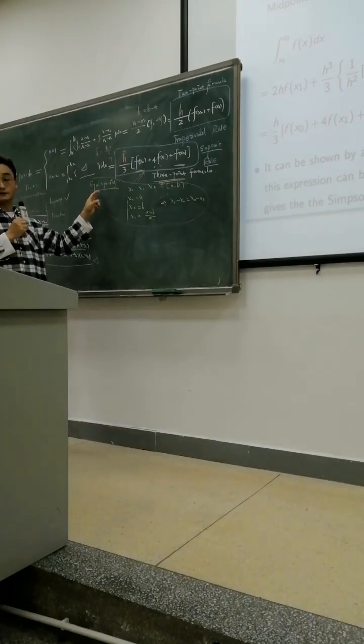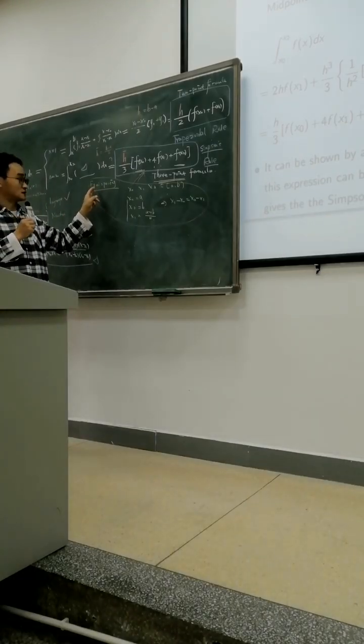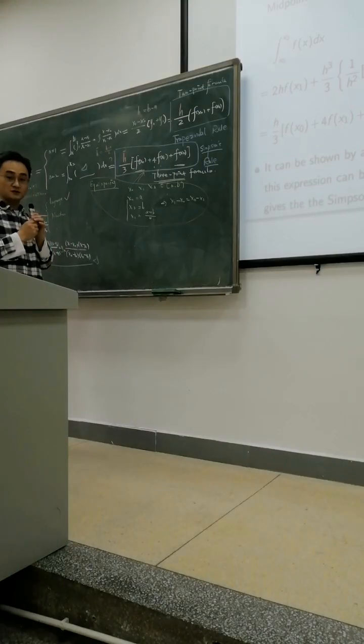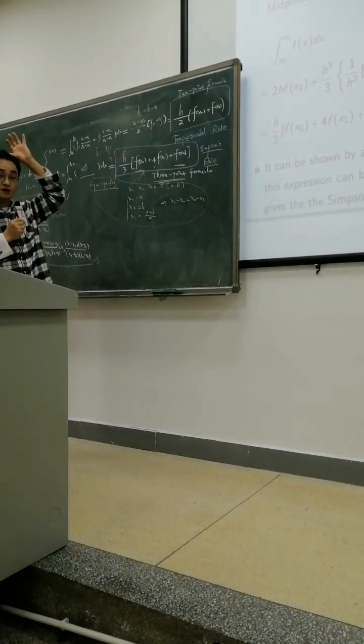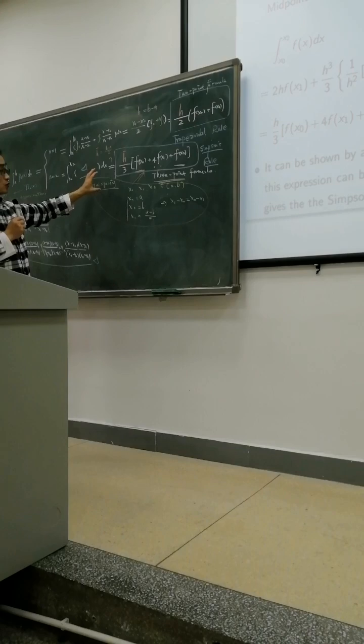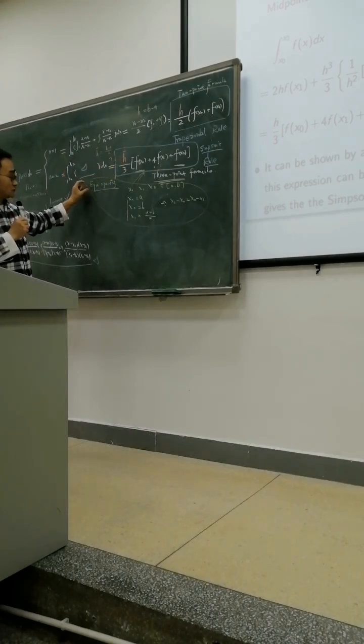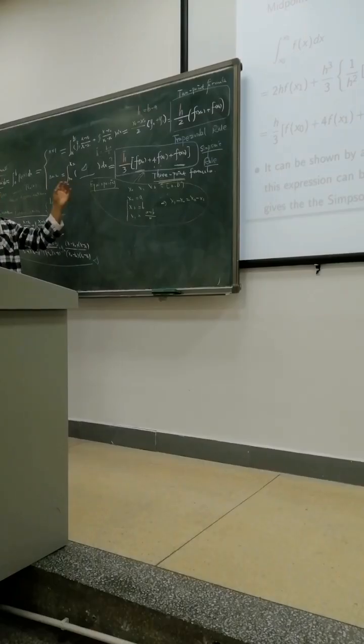In your future study, this kind of spacing may not be equi-spacing. If we ask you to find a higher order rule, you may need to find a new spacing.